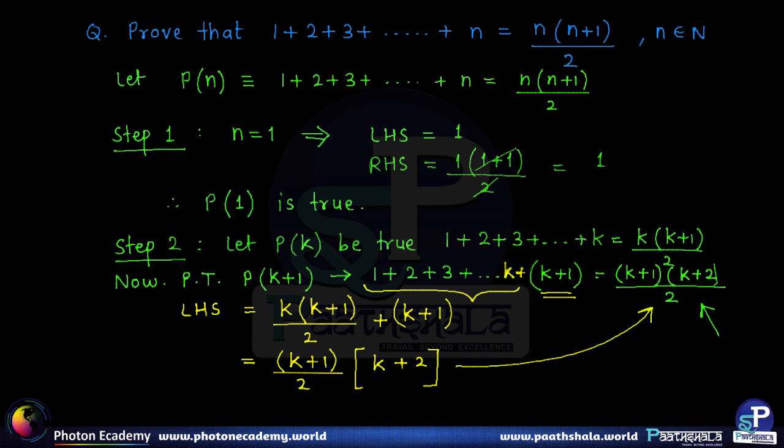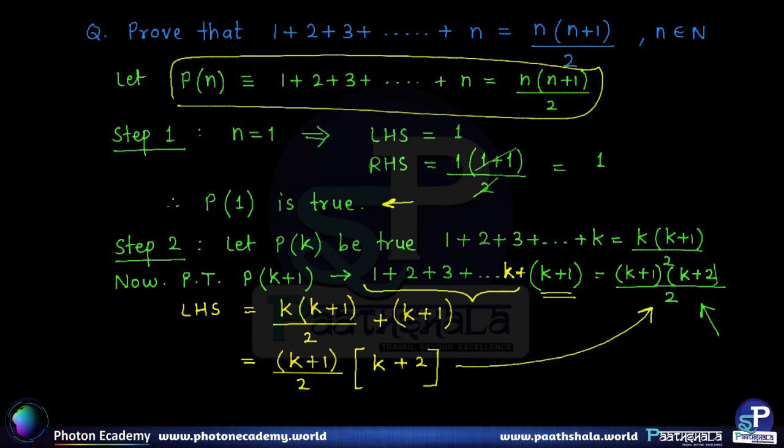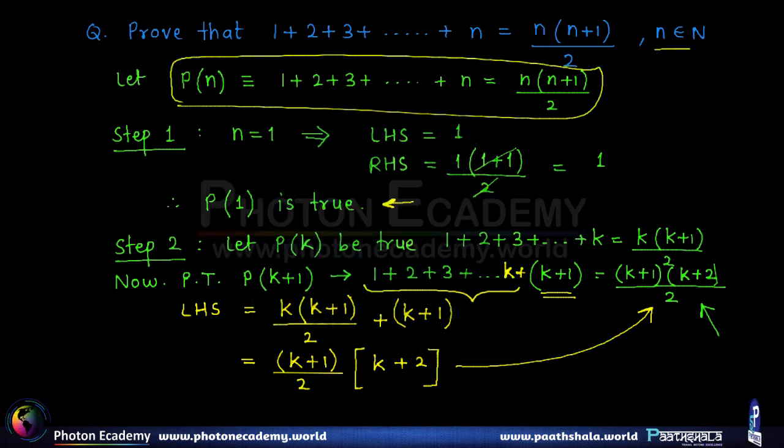So what it means is, whenever P of k is true, it has to be true for P of k plus 1 also. So combining that with the first step, it is clear that P of n is true for any value of n as a natural number. So this is how we have proven the required statement using the method of induction.